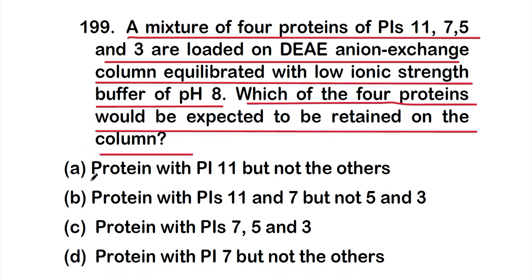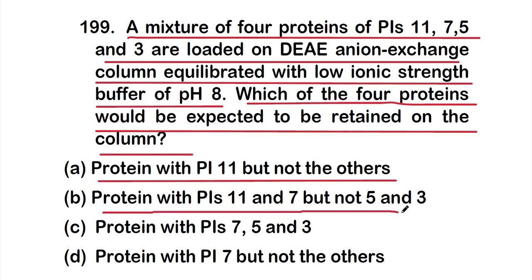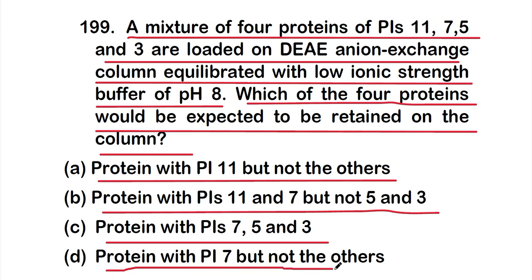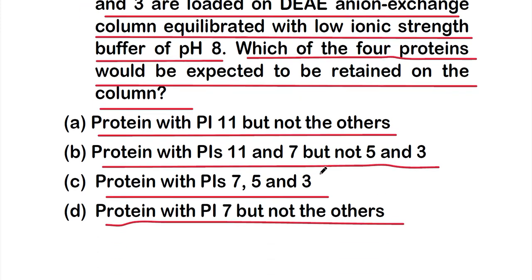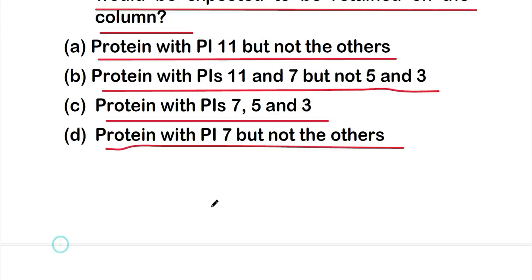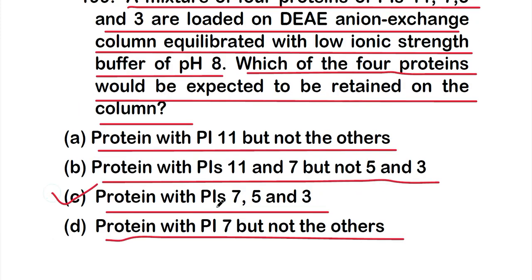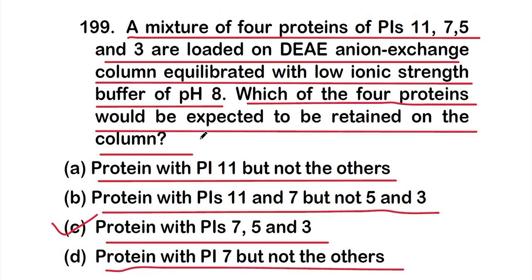And the options are: option A, protein with pI 11 but not the others; or option B, proteins with pI 11 and 7 but not 5 and 3; or option C, proteins with pI 7, 5 and 3; or option D, protein with pI 7 but not the others. So the right one is option C, that is proteins with pI 7, 5 and 3 will be retained on the column. Only pI 11 will pass.